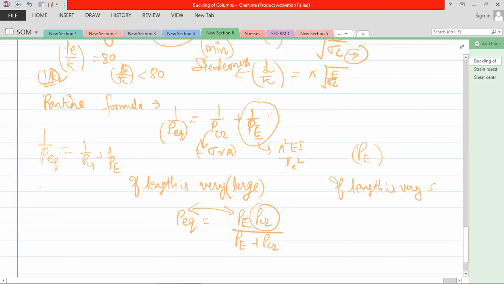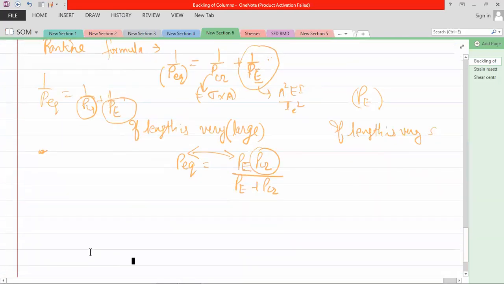If your length is high, the dominating factor would be P Euler. If your length is less, the dominating factor will be P critical. So this is your concept from the buckling of columns. I hope everyone understands that.